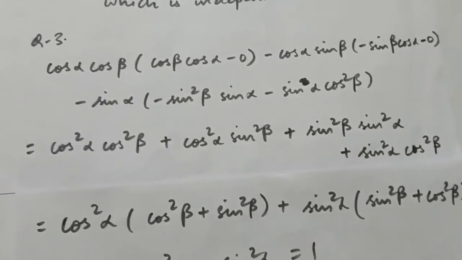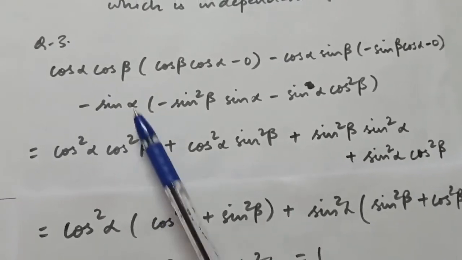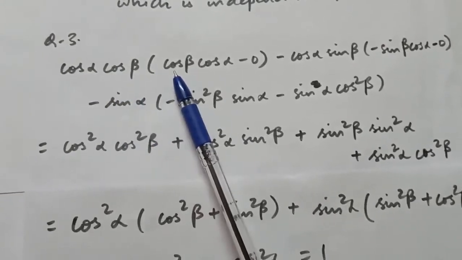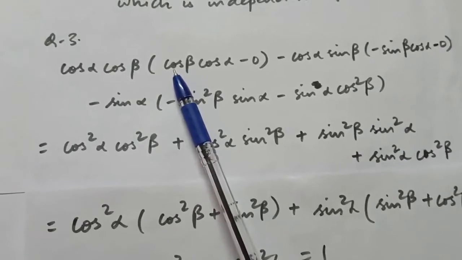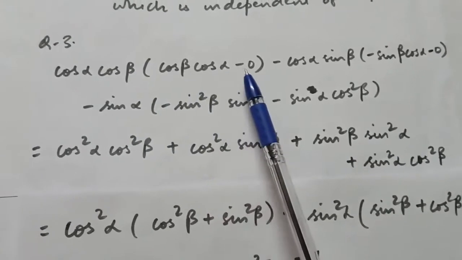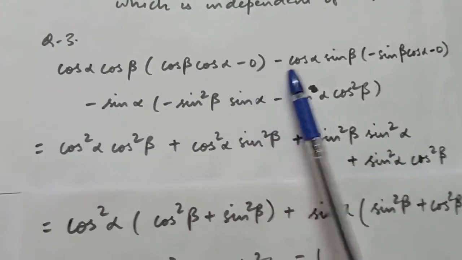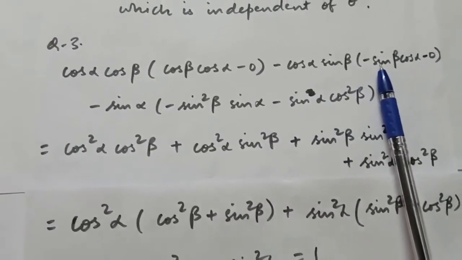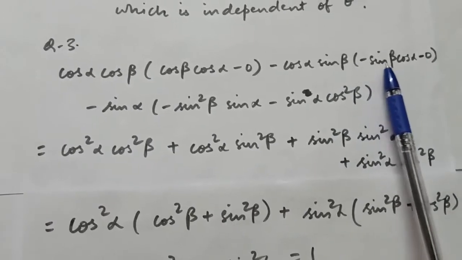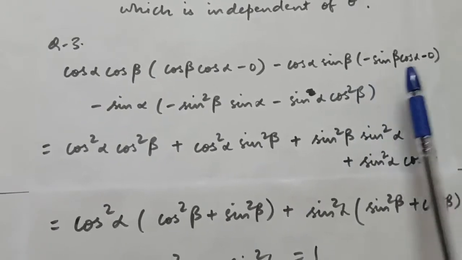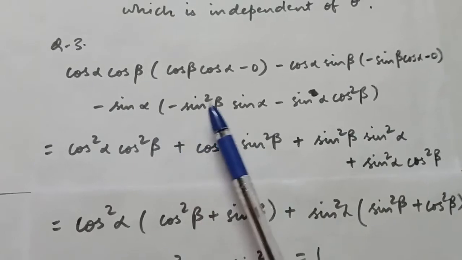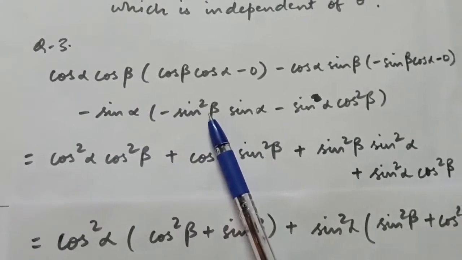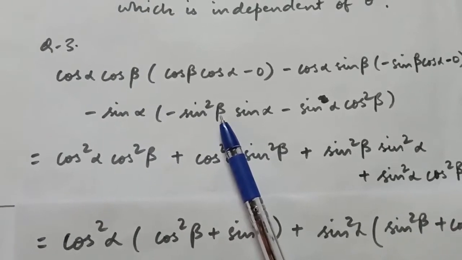So expanding it along the first row, so you will get cos alpha cos beta into, when you will leave the first row and first column, you will get cos beta cos alpha minus 0, then minus cos alpha sin beta into, now leave first row and second column, so you will get minus sin beta cos alpha minus 0, and then minus sin alpha into the value of the second order determinant, which you will get after deleting the first row and third column.